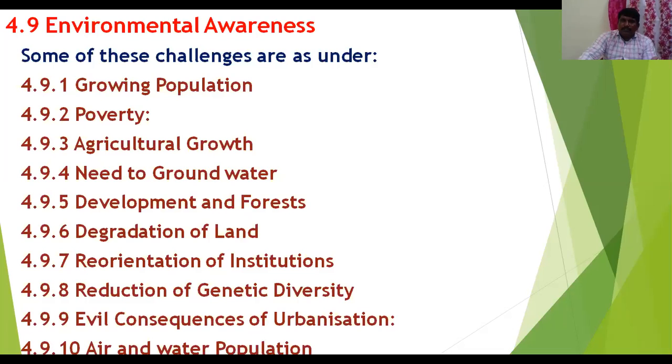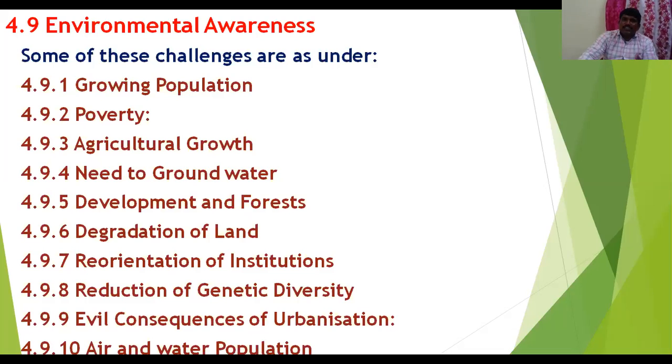About 40% of our people are still below the poverty line. Environmental degradation has adversely affected the poor who depend upon the resources of their immediate surroundings. Thus, the challenge of poverty and the challenge of environmental degradation are two facets of the same challenge.